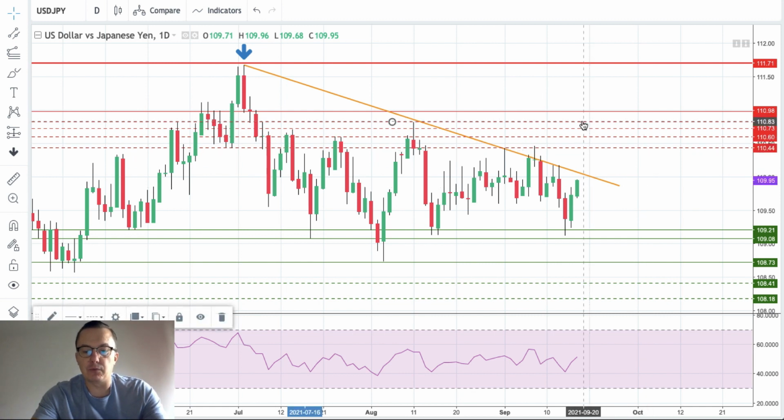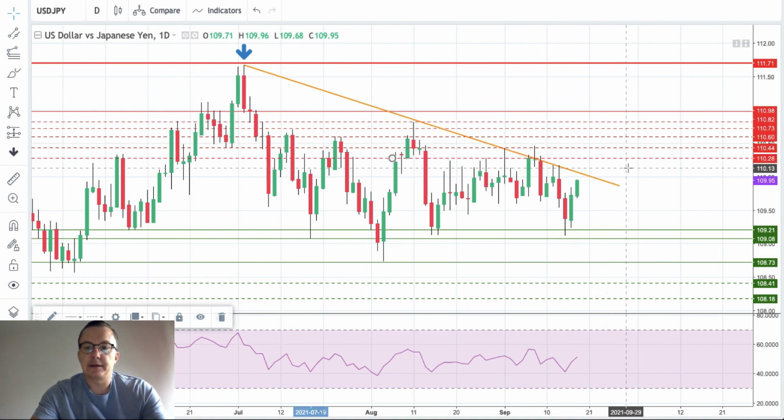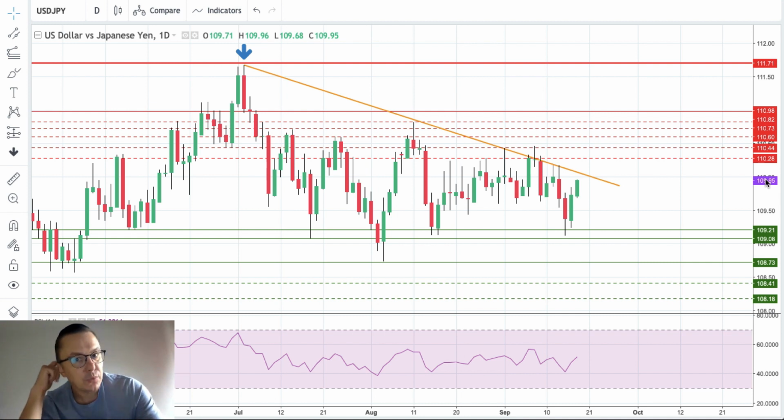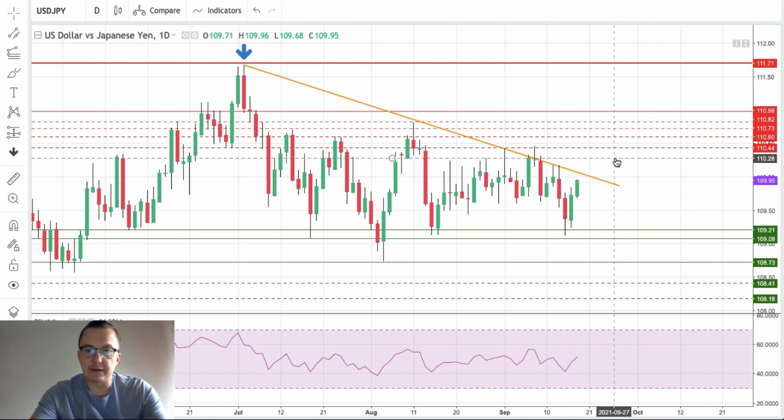We can add one more level here. I'm talking about this lower level at 110.28. That might be useful. And please take a look at this wall of resistance here. So there is definitely some sort of a bearish pressure on the US dollar to Japanese yen.